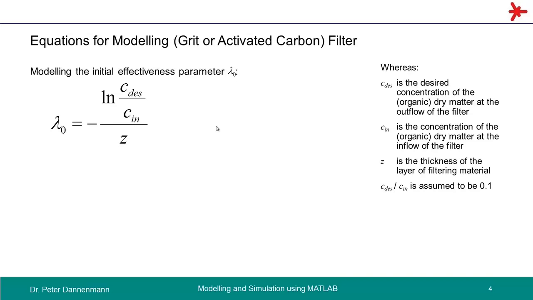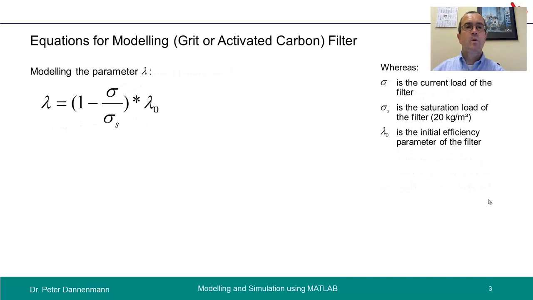Based on this assumption and the thickness of the filtering layer, we can determine lambda 0 as the negative ratio of the natural logarithm of the concentration ratio and the filter thickness.